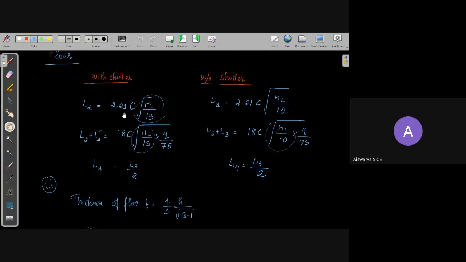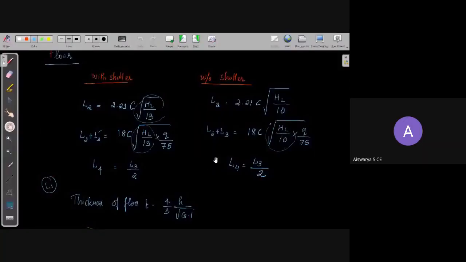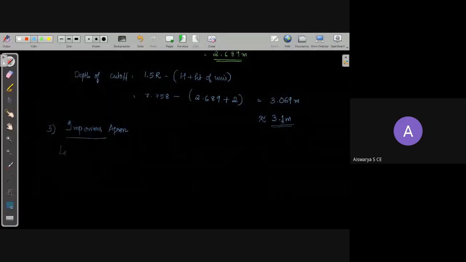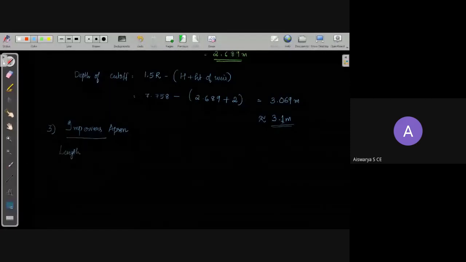As of L2, L3, impervious apron, length, we need to find out the length of floor, weir with shutter.